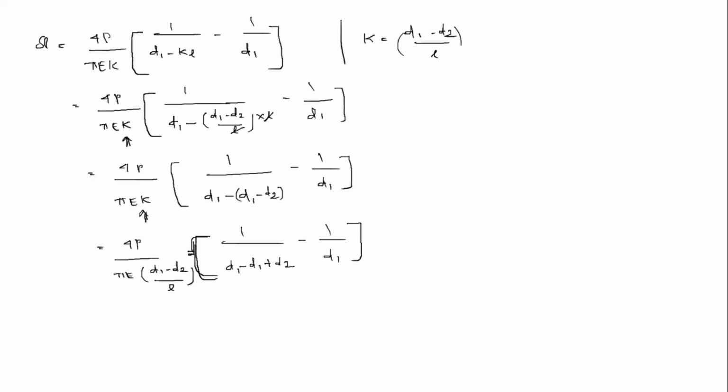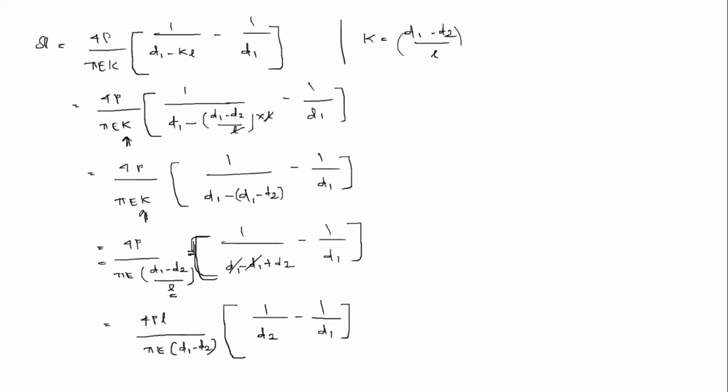So d1 cancels. Now this denominator L will move to the numerator. So what is the value? 4PL divided by pi E into (d1 minus d2) into 1 divided by d2 minus 1 divided by d1.